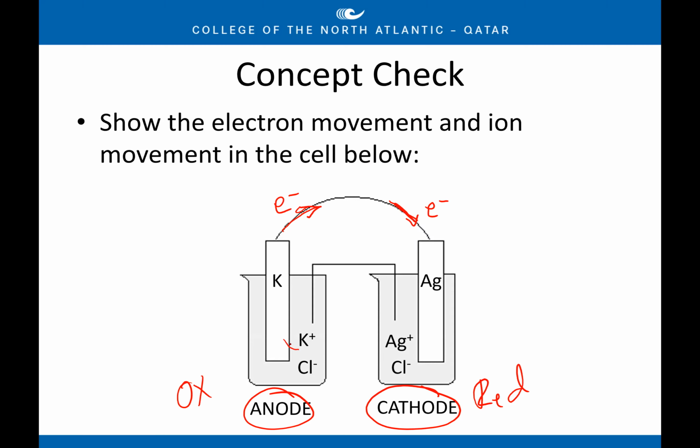An oxidation reaction is when it loses electrons, and a reduction reaction is when it gains electrons. So here, the silver is attracted. It's going to what we would call plate, or be attracted to the silver. Here, the electrons leave the potassium and turn into potassium ion. Again, that's from the half reactions.